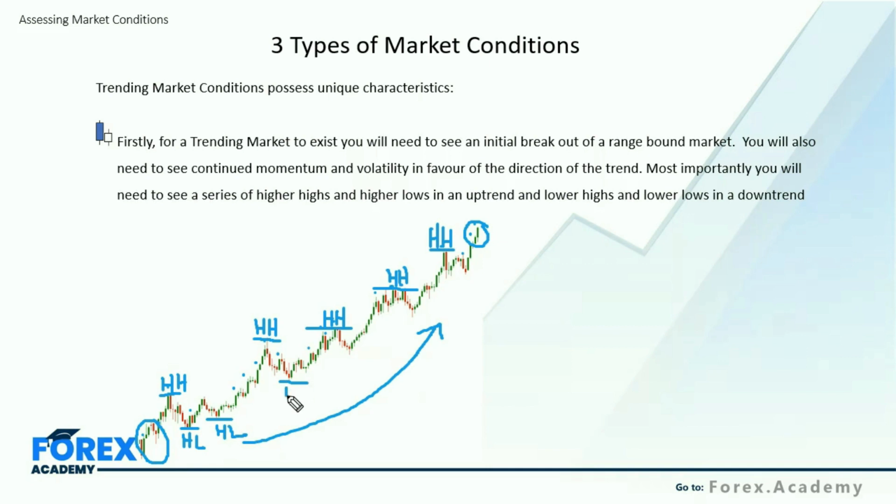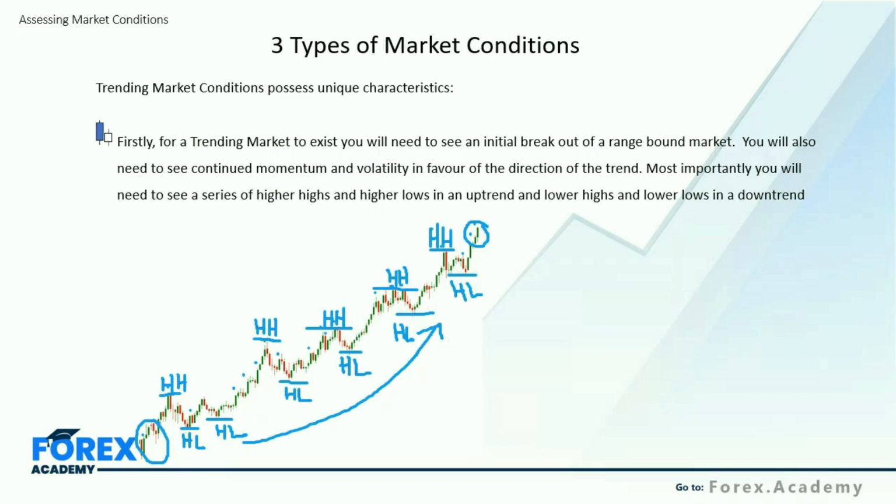But as the market pushes higher, we get a classical understanding of an uptrend, which prints a series of higher highs, followed by a series of higher lows. So I'll just finish off these last few. And this is a classical definition of an uptrend. So hopefully that makes sense. And prices continue to push higher.